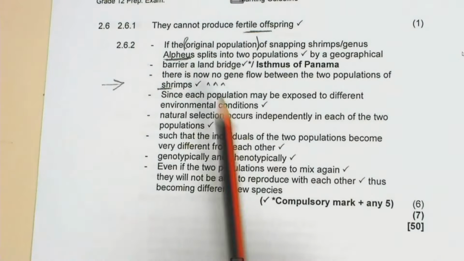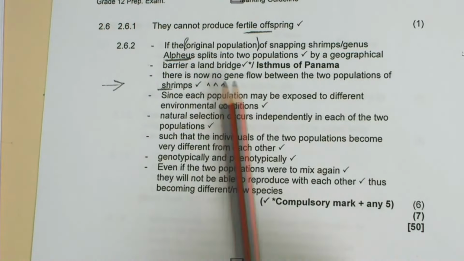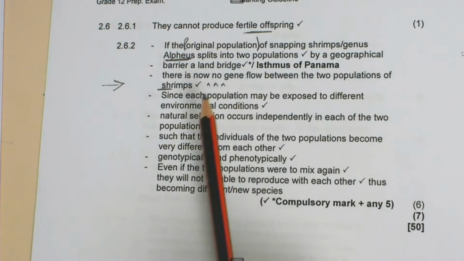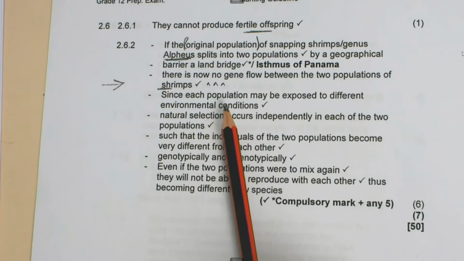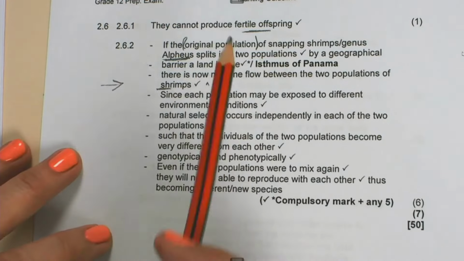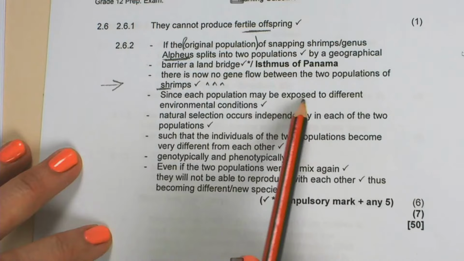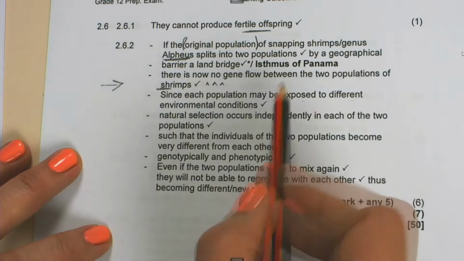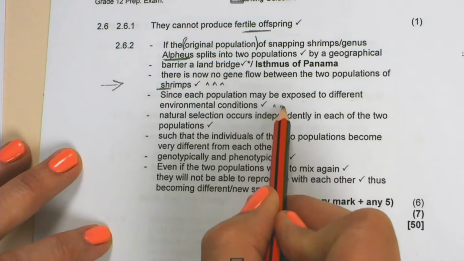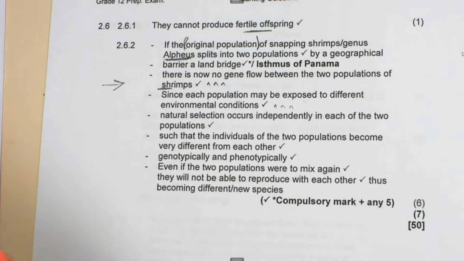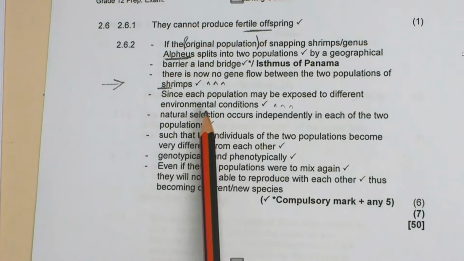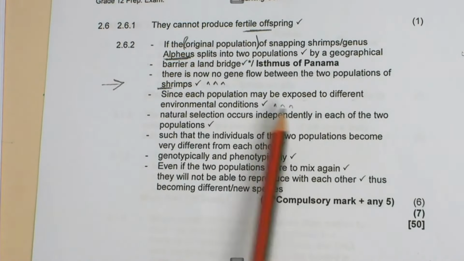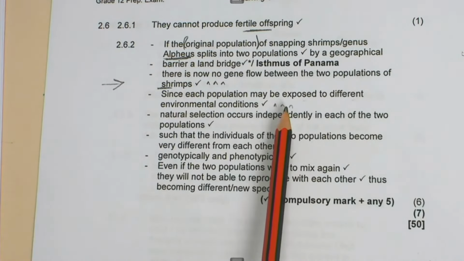So just add there that there is no gene flow between the two populations of shrimps between North America and South America. Now, the next one: since each population may be exposed to different environmental conditions, if the example explains different environmental conditions, maybe they say in the north the water is warmer and in the south cooler, then also add it in your answer.